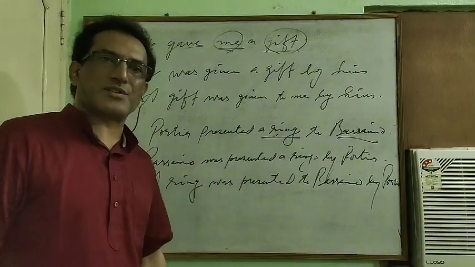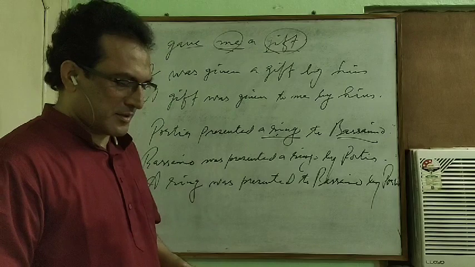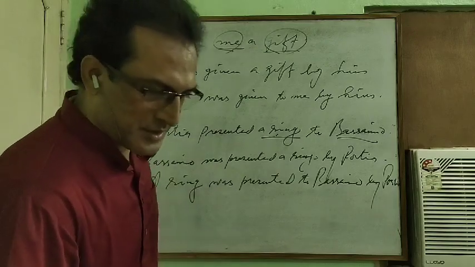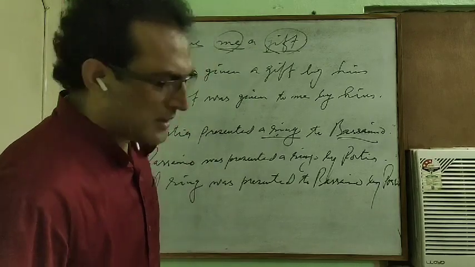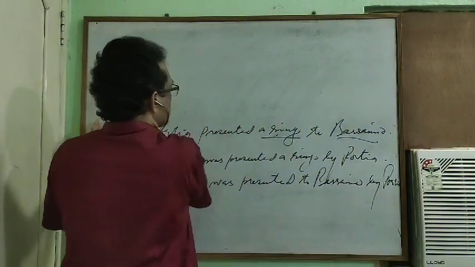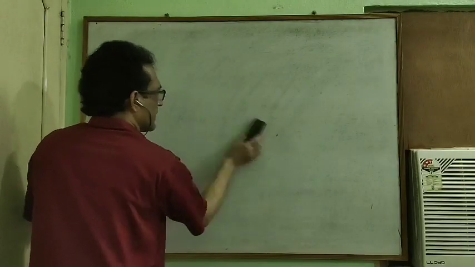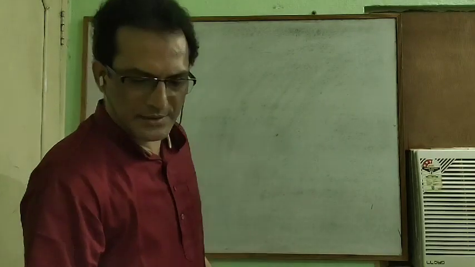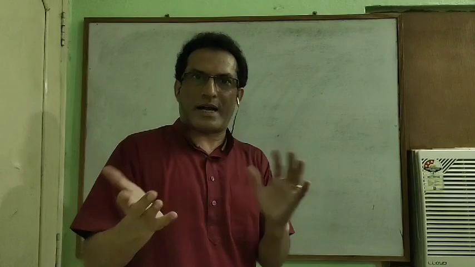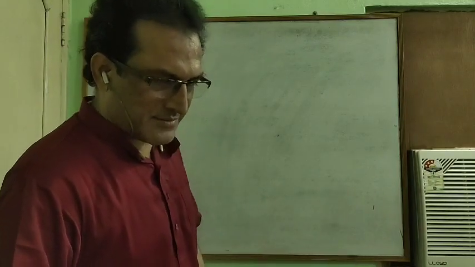So a ring was presented to Bassanio by Portia, or Bassanio was presented a ring by Portia. Now, let's see certain cases. So either of the objects can be taken as the subject of the passive.